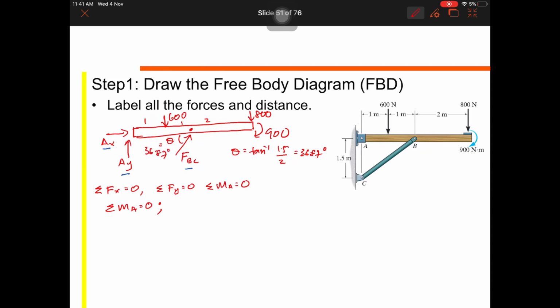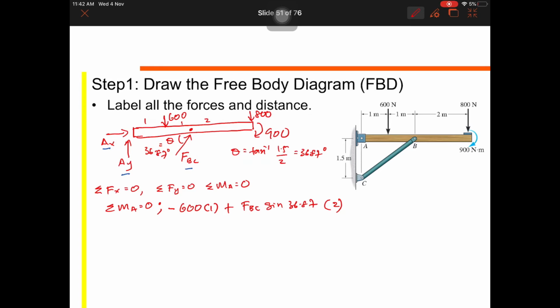So moment at A, you have 600 times 1 clockwise, negative, plus FBC sine 36.87 times 2. For the cos, you don't have because it is in one line.